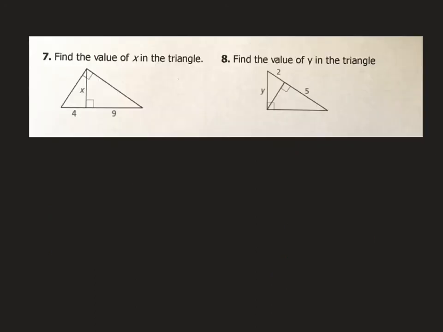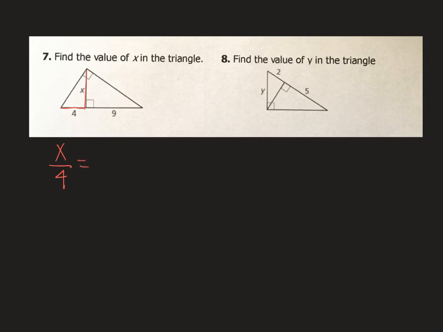The last thing in this section, we're just looking at 7 and 8. We're solving for the variable. So we're using those last two theorems. So just set up your corresponding sides. Okay, so if we look at the left triangle first in number 7, x is the longer leg, 4 is the shorter leg. So longer over shorter gives me x over 4.